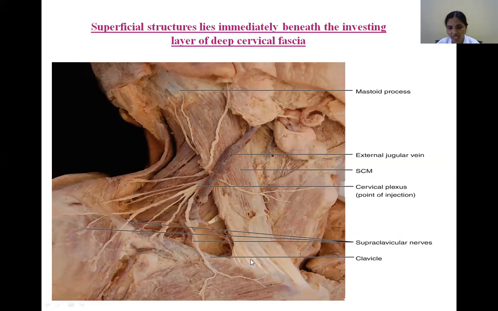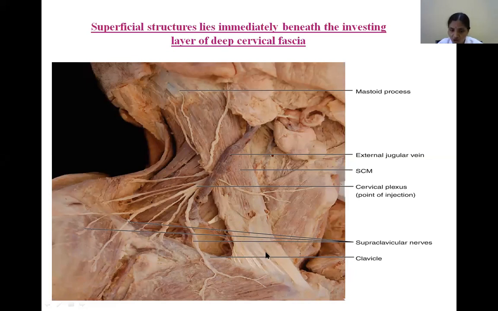Here you appreciate this is the aponeurotic origin, meaning a flat tendinous structure. These fibers of the sternocleidomastoid take origin from the clavicle, whereas a slender tendon-like structure is the tendinous origin from the manubrium sterni. So these are the sternal fibers, and these are the clavicular fibers.